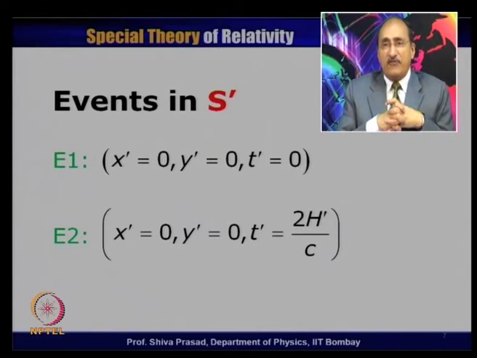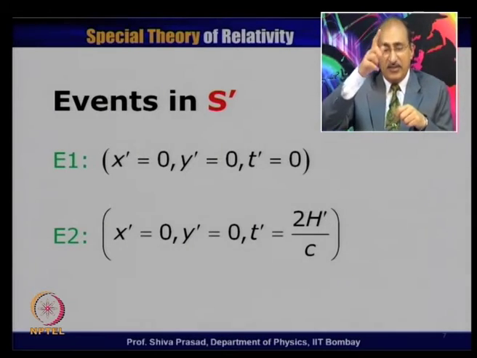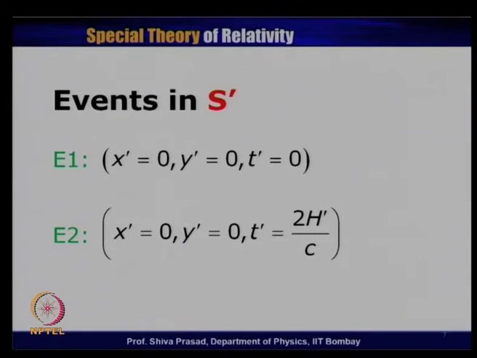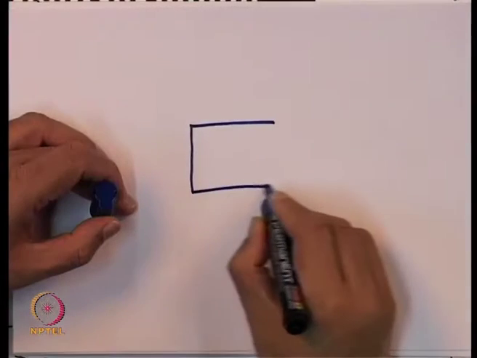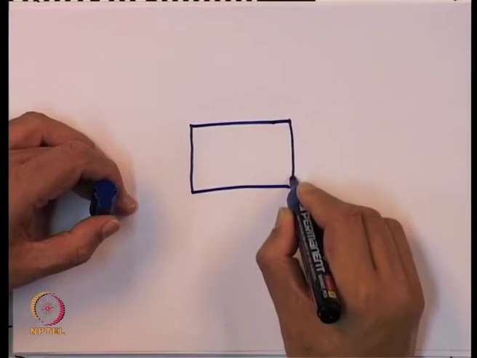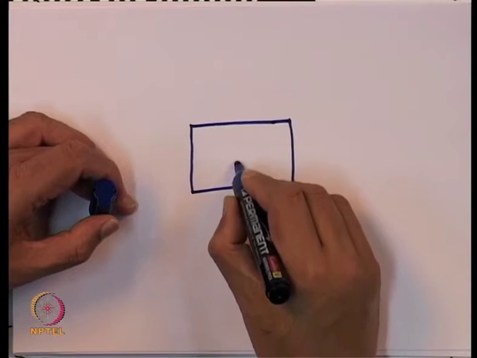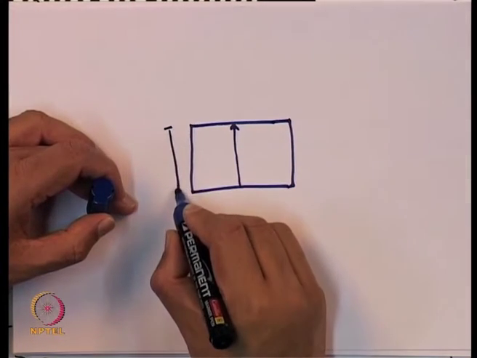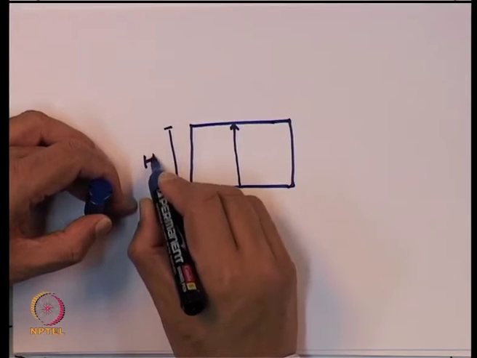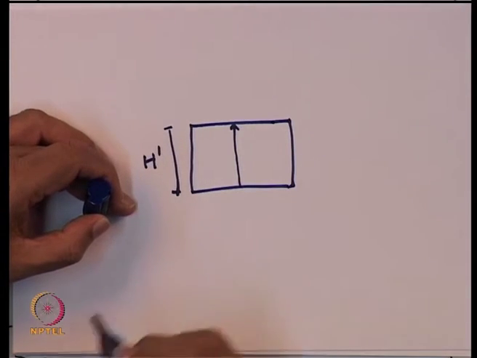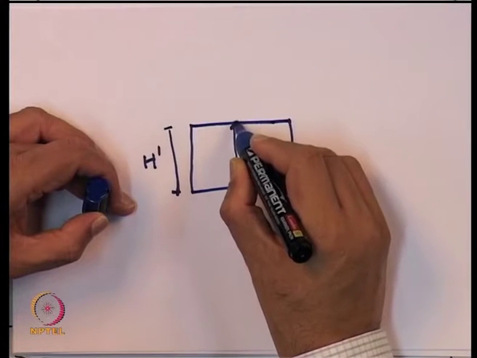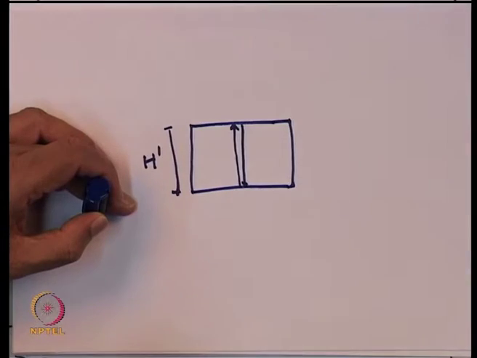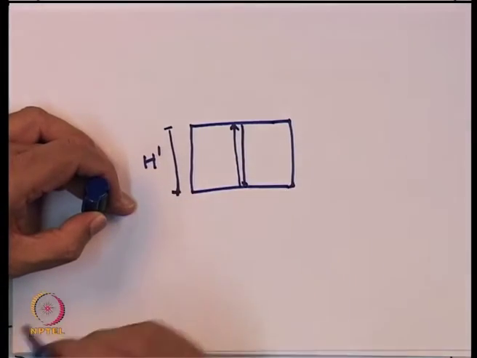Now, event 2, as we have discussed, is that light goes upwards and comes back. So, light goes upwards, this distance is h prime, then light comes backwards, again it travels a distance of h prime.